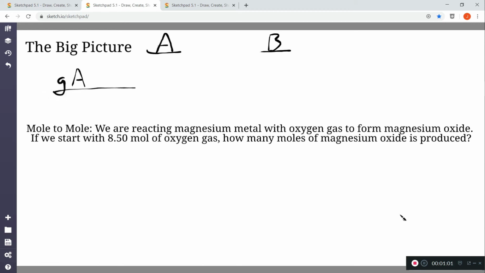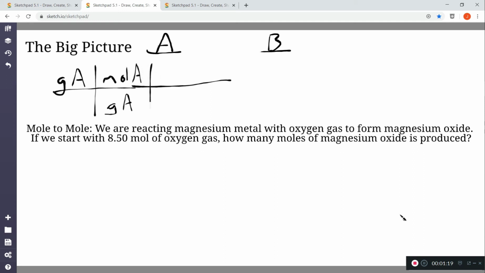So using the method we've shown, we can convert grams to moles. So we could convert grams of A to moles of A. Now we'll talk about how to remember how to do that here in a second.